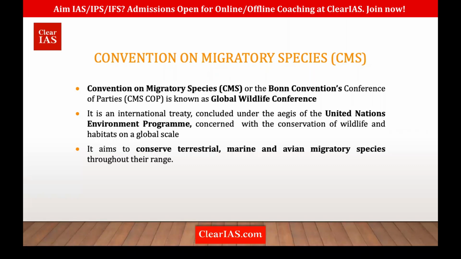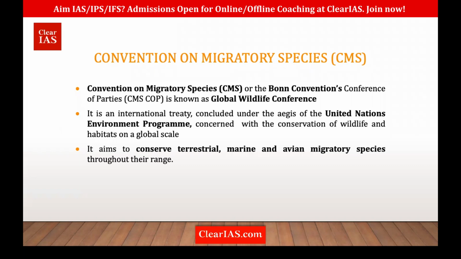So why is this convention there? As the name suggests, it is to conserve the migratory species, that is all terrestrial, marine, and avian migratory species. It's not just the terrestrial migratory species. Avian means birds, flying species.